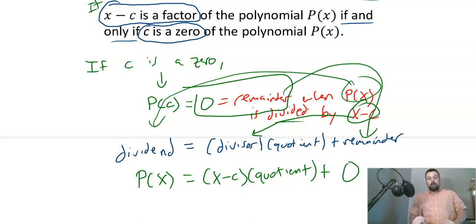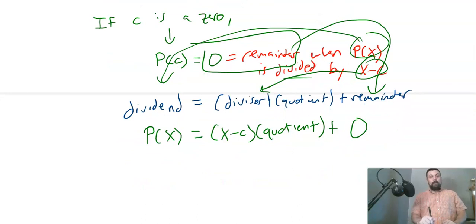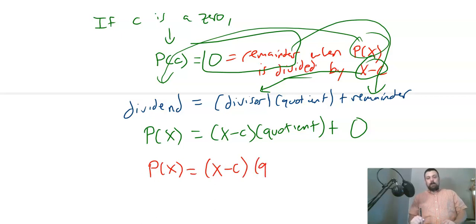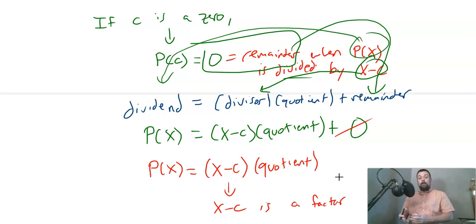But if that's equal to 0, it just goes away. And so what do I end up with? I end up with P of x equals x minus c times the quotient. The plus 0 part just goes away, which means I have x minus c as a factor. And the other factor, and this is kind of an important detail, from this division, the other factor is the quotient from that division.